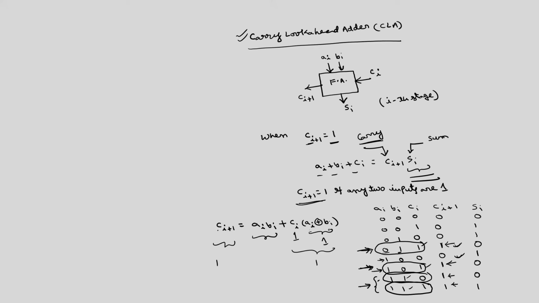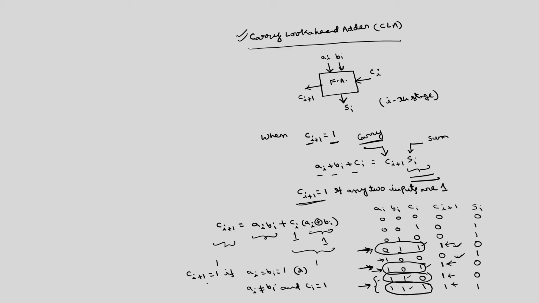So, if you want to write in words, we can write Ci plus 1 is equal to 1 if Ai is equal to Bi is equal to 1, or Ai is not equal to Bi and Ci is equal to 1.